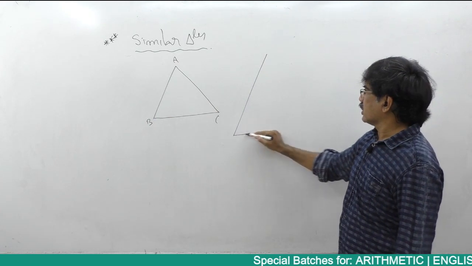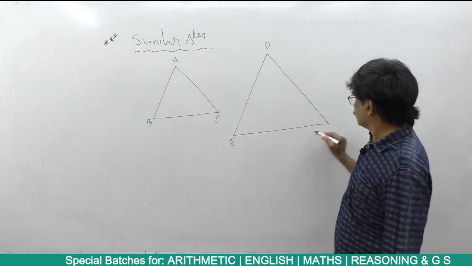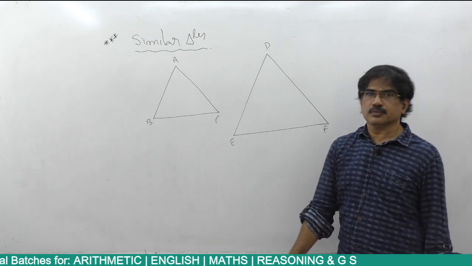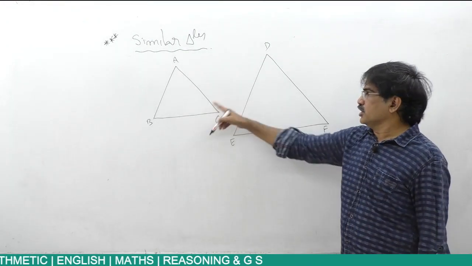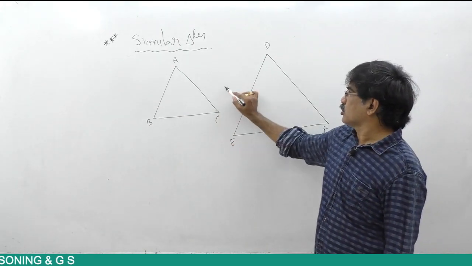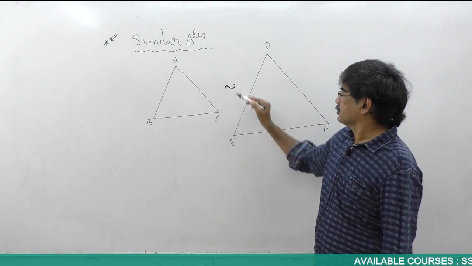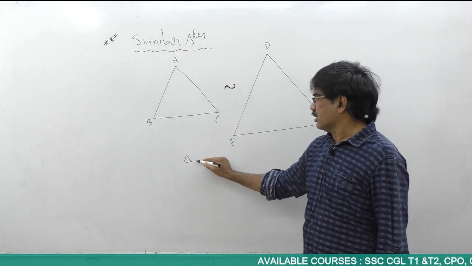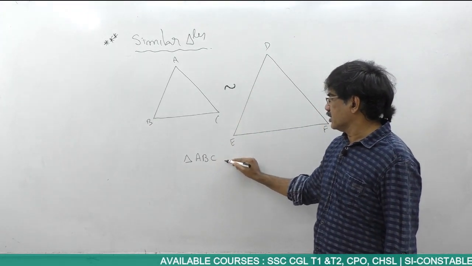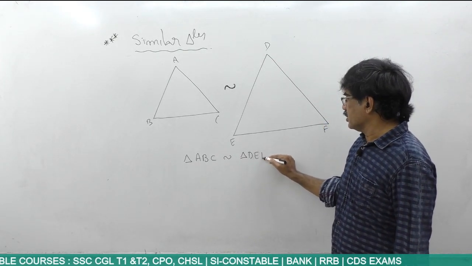This is one more triangle DEF. These two triangles have the same shape, so we say that these two are similar triangles. Triangle ABC is similar to triangle DEF.